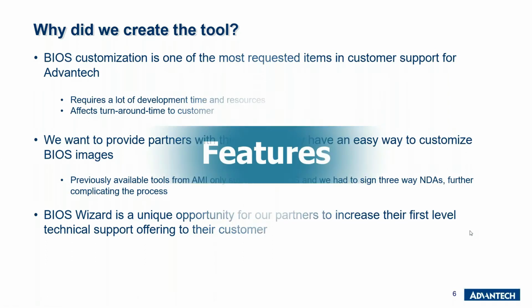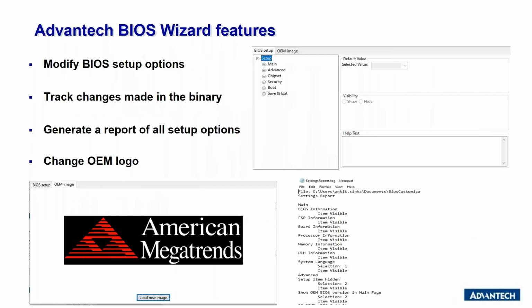Moving on to features. I'll tell you some of the features that we are providing with this tool as of now. As I mentioned, modify BIOS setup options. You must be familiar with these keywords here. When you open the BIOS setup menu, you see these main tabs, right? You can go through these tabs, and once we expand it, and I'll show this in the demo, you will see all the setup options that you generally see on the BIOS screen, and you will be able to modify the default value.